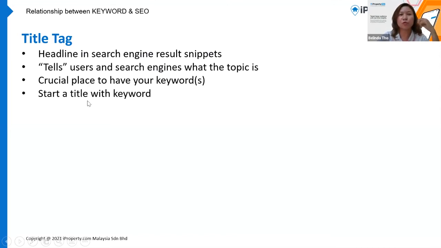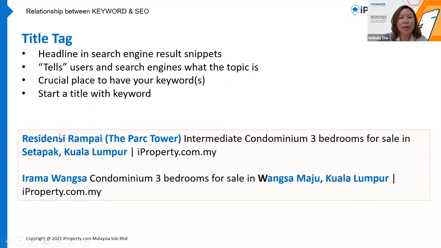And it's very important to make sure your keyword appears in your title. Looking at this example, the title tag is referring to the front information showing in the search engine. Like Residency Rampai, The Park Tower, this is the title tag. And this is the meta description. And like this Irama Wangsa, again, this is a title tag.